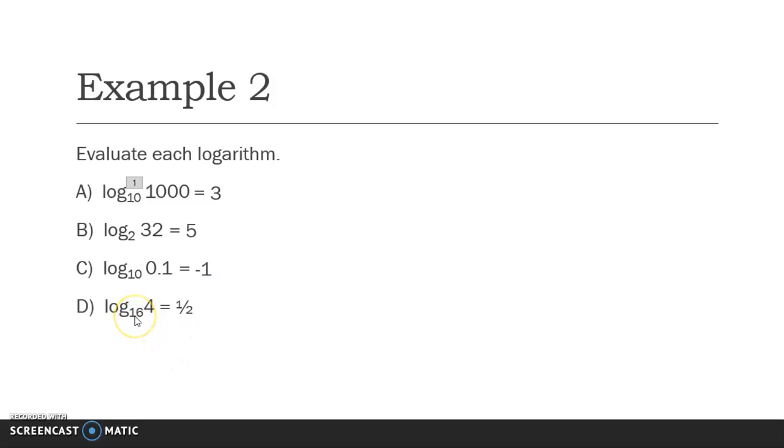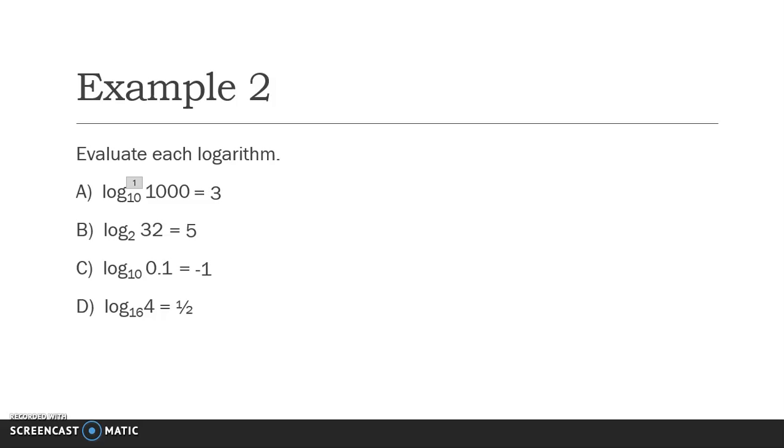And for part D, 16 to what power is 4? Now I happen to know that the square root of 16 is 4. And you may recall from when we did our exponents in the very first chapter, we talked about how the square root can be written as a 1/2 power. So my power there is 1/2. Okay, so that's example 2.